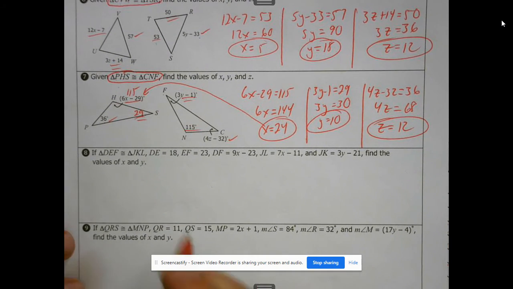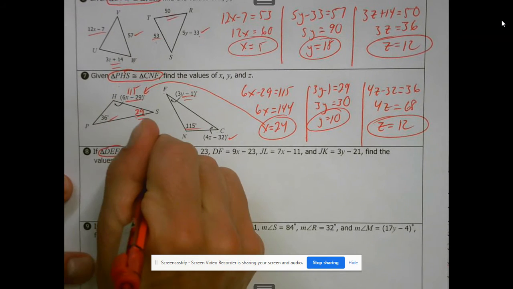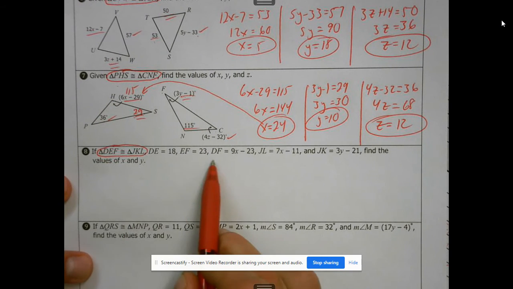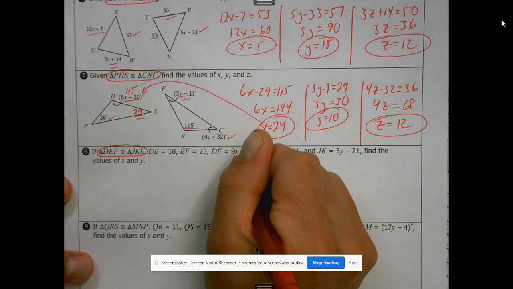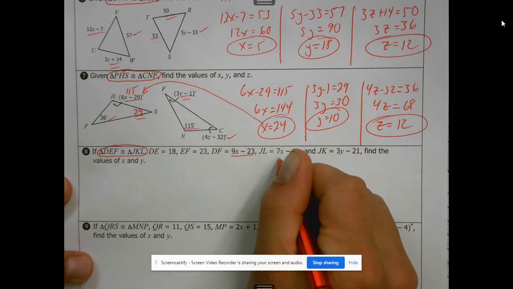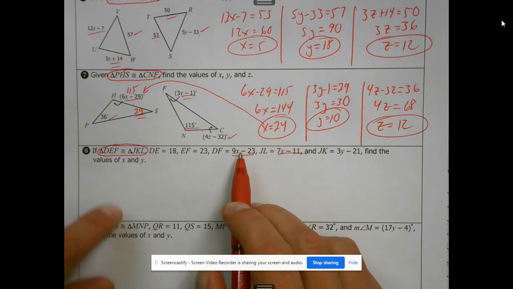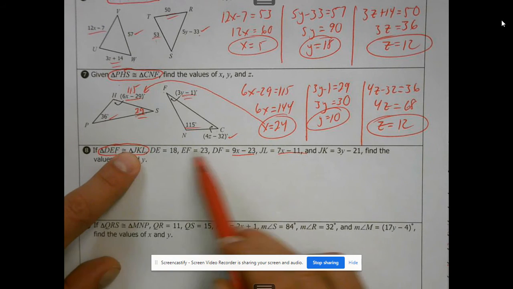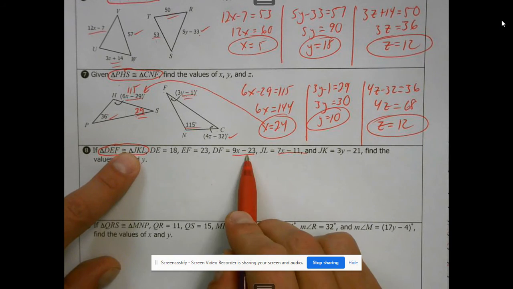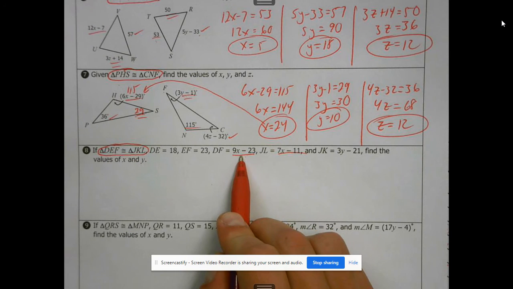All right, number 8. This is your congruency statement. Tells you a bunch of sides what they're equal to. Our job is to find x and y. All right, here's x. There's an x. DF matches with JL. So these two right here are equal to each other because, according to the congruency statement, they are congruent.